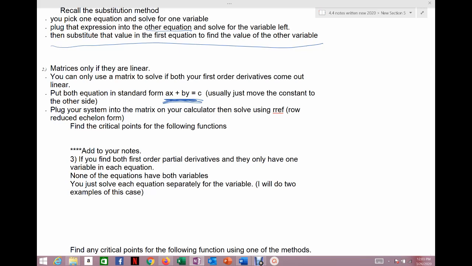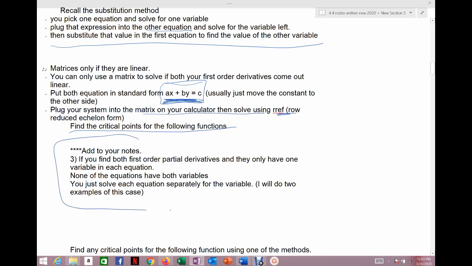Right, usually, and we'll do an example of this, and I'll remind you how to solve matrices on your calculator. You can only use matrices, though, if it's linear, if you can write it in that form. If you can't, you have to use the substitution method. Right, then you'll plug it into your calculator and solve using the row-reduced echelon form. The x value and the y value that comes out will be your critical point.